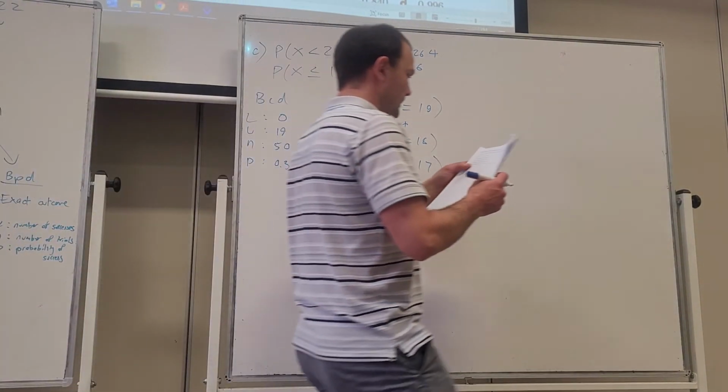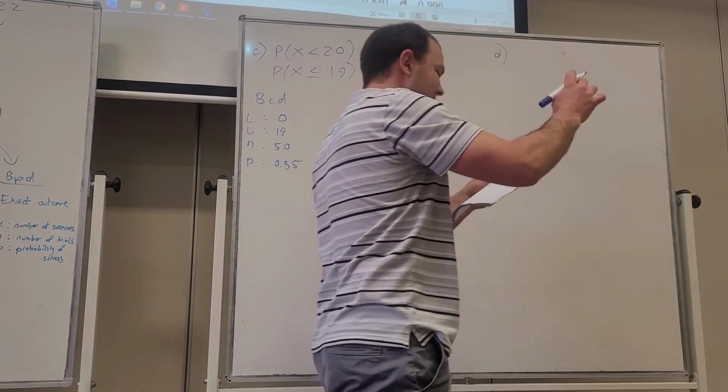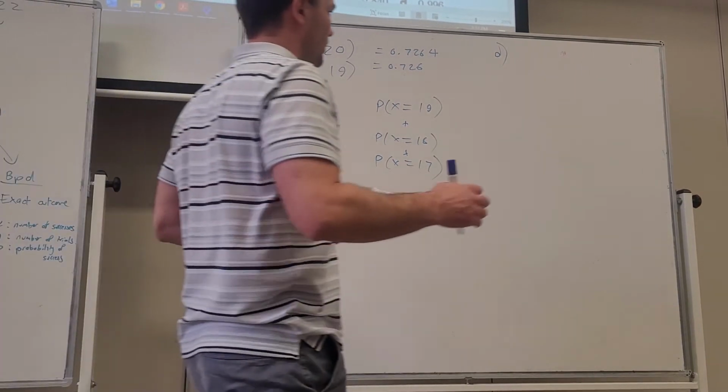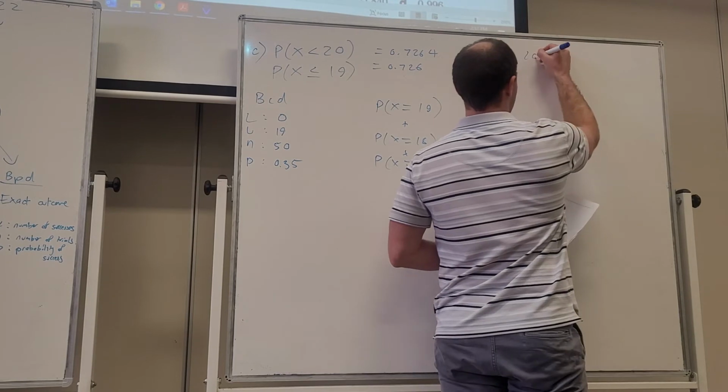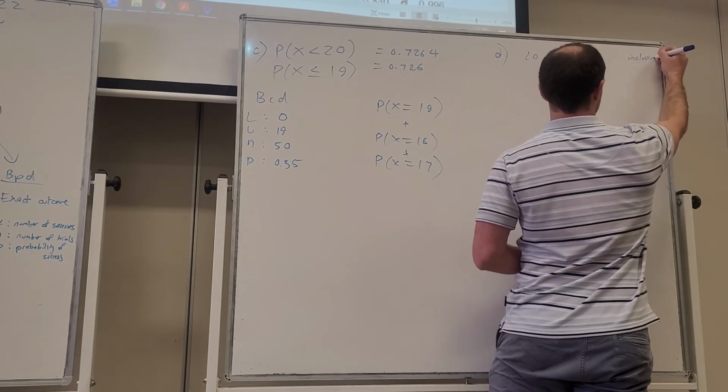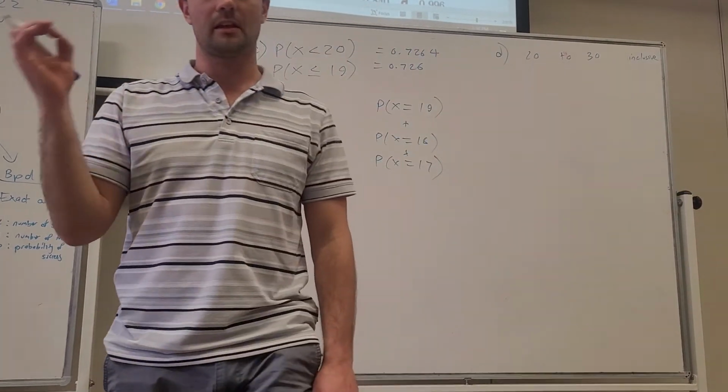So then on to part D. Between 20 and 30 apples are rotten. Okay, so we need to be careful with how language is used here. It is a little bit ambiguous, so I imagine there's a bit of leeway. So let's look at two possible cases, 20 to 30. Sometimes it'll say inclusive, which means including 20 and 30.